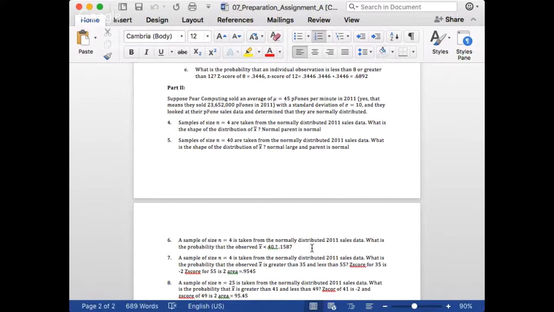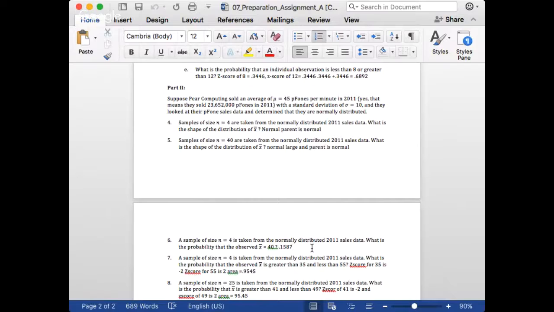The paragraph gives you the information for the equation. Right before question 4, in part 2, it gives you the mean, which is 45, and then in question 6 the observed x is 40.